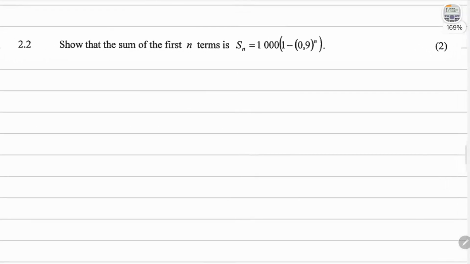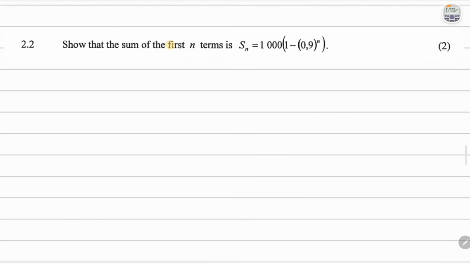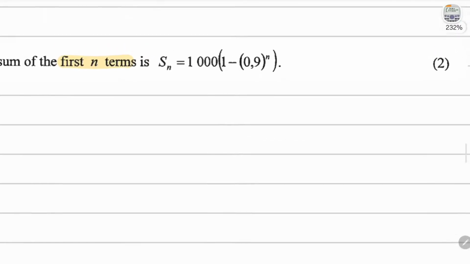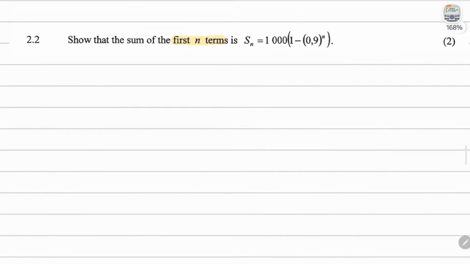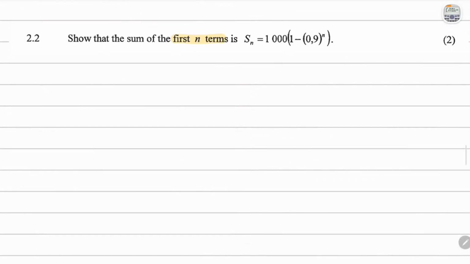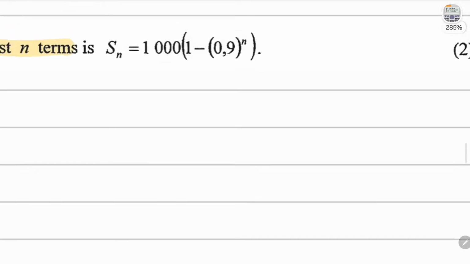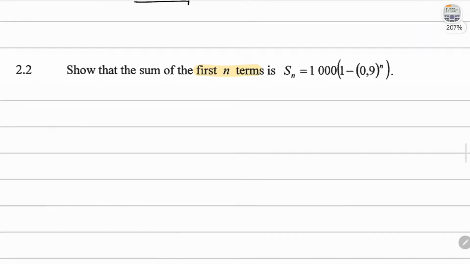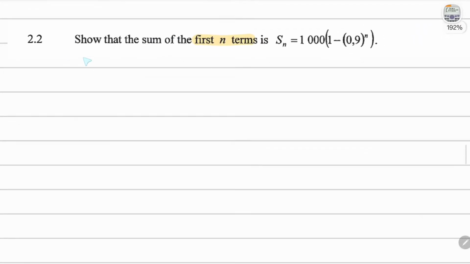Question 2.2 says, show that the sum of the first n terms is Sn equals this. So we're really just using the Sn formula, and we have to keep in mind that the 1 comes before the value that we have here. Remember that there are two formulas for Sn. We first have this formula, and we specifically use it when r is greater than 1.